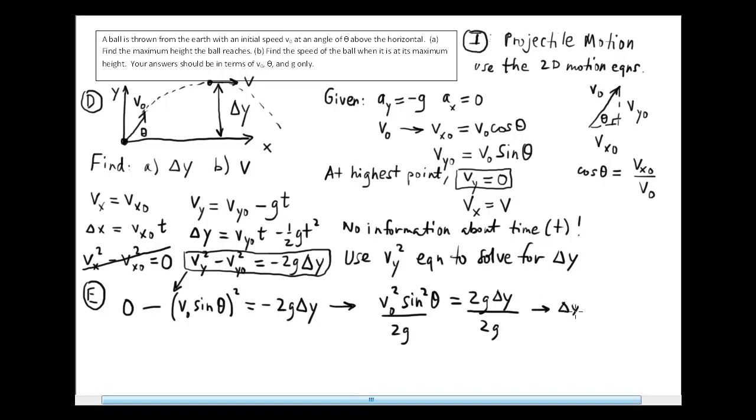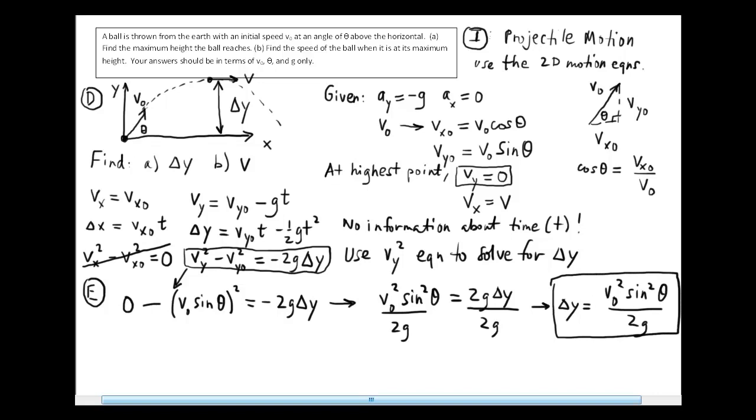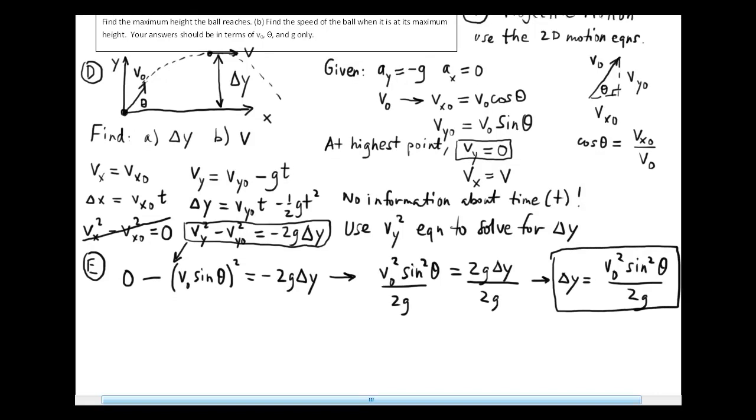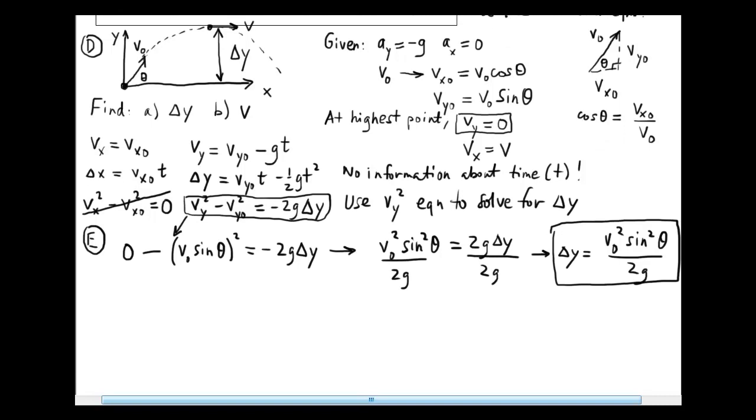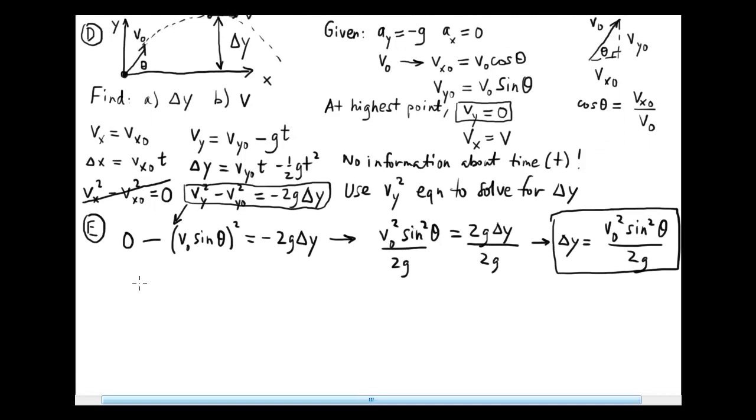Delta y equals V0 squared sine squared theta over 2g. That gives me the answer to part A. We'll come back and evaluate or assess this in just a minute once we solve part B. So now let's do part B.